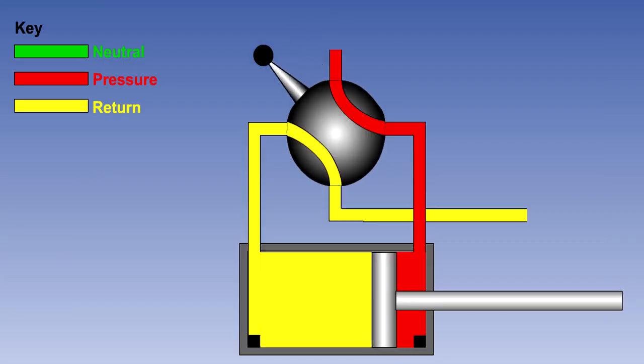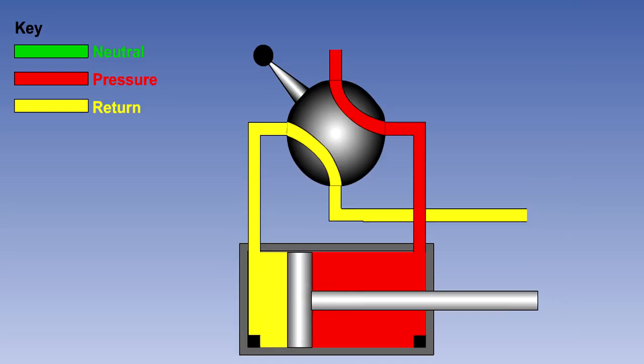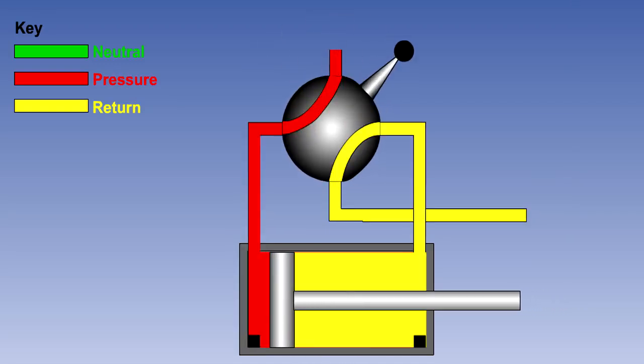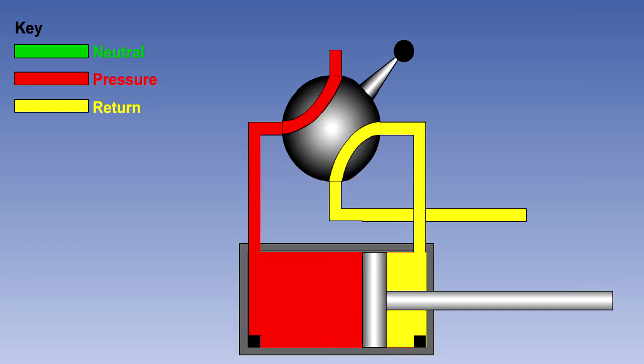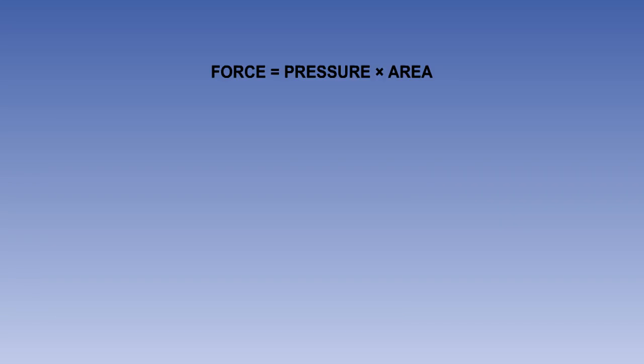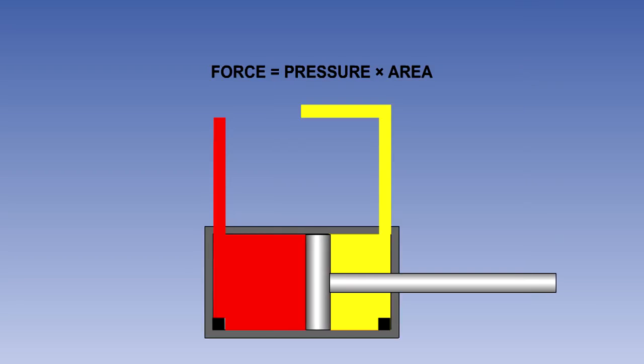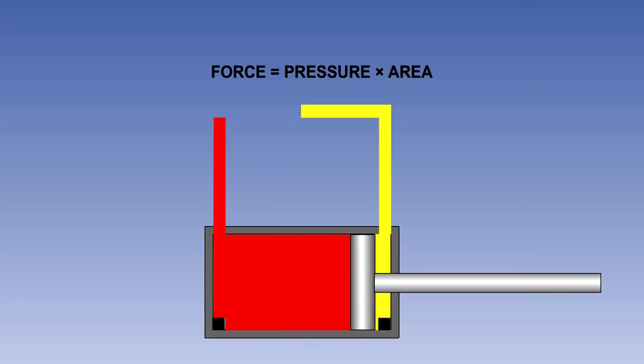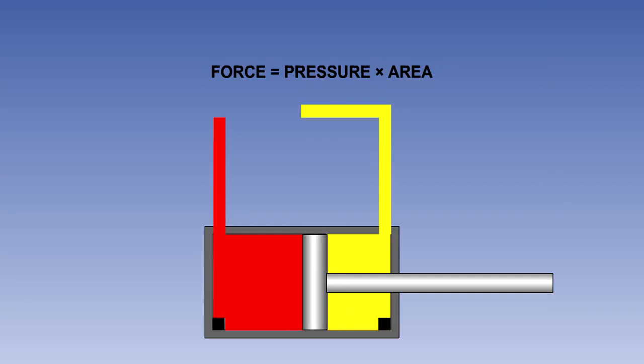Double-acting unbalanced actuators are the type most commonly found in aircraft systems. These are operated hydraulically in both directions. Because of the presence of the piston rod, the piston face to which the rod is attached has a smaller area on which the fluid can act than the other face. As we know, force is equal to pressure multiplied by area. So more force can be applied during extension of the piston rod than during retraction.